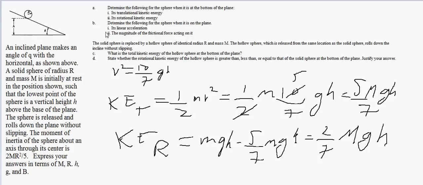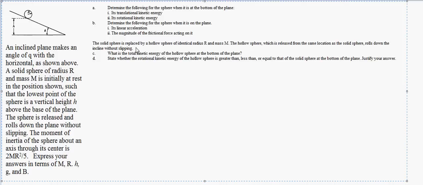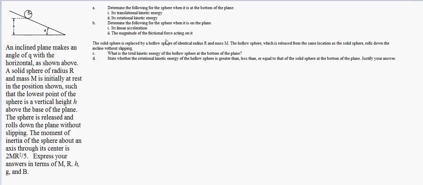So this is the first part. Now we're going to do the second part. In the second part, we want its linear acceleration.